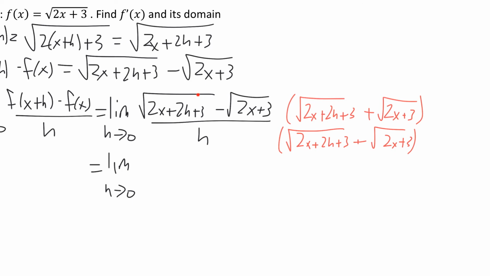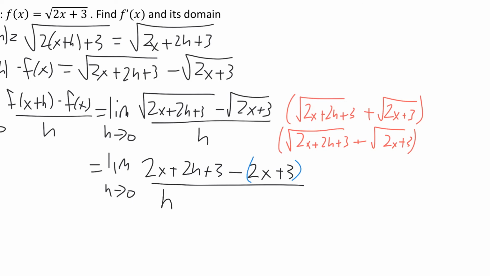On the top, remember the square root's going to disappear from this one and from this one, and the middle terms cancel. So you're just left with 2x plus 2h plus 3 minus 2x plus 3. Now be very careful here, it's minus the whole 2x plus 3. You need to include those brackets. If you don't, we're going to get the wrong answer.